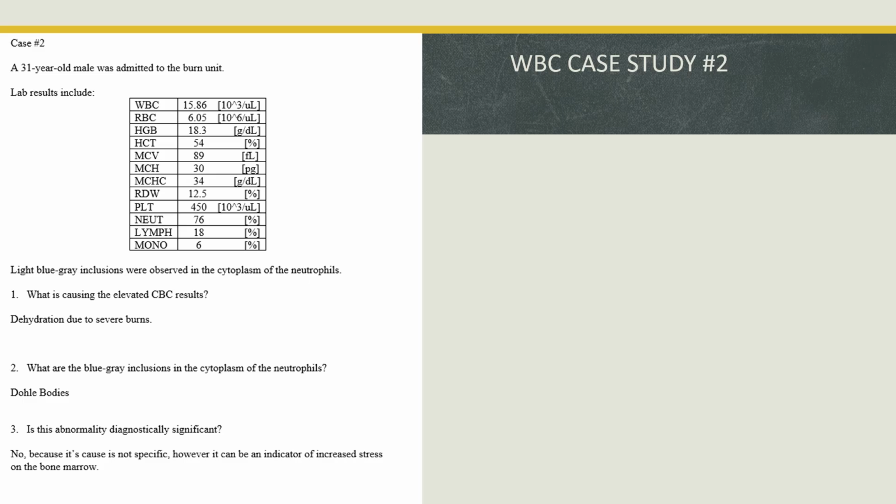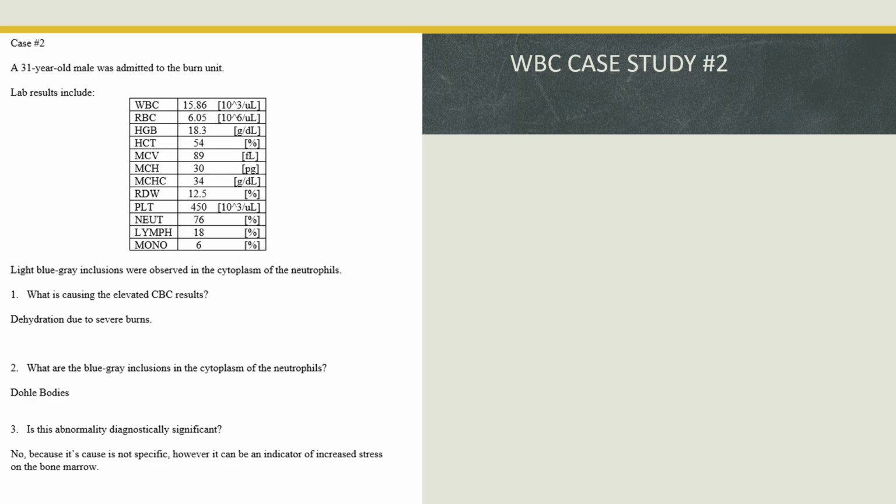And then number 3, is this abnormality diagnostically specific? Well, no, because it's not specific. When we have something that's a vague observation like Dohle bodies, we can't specifically say, oh, I see Dohle bodies, this patient has a burn. Although we do see Dohle bodies fairly consistently in burn patients, it's really just an indicator of increased stress on the bone marrow.